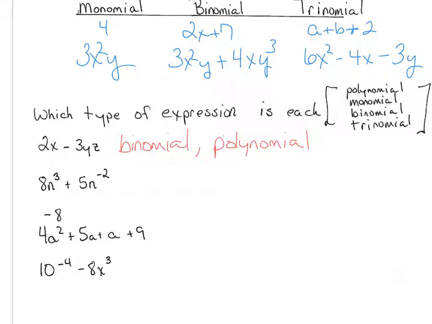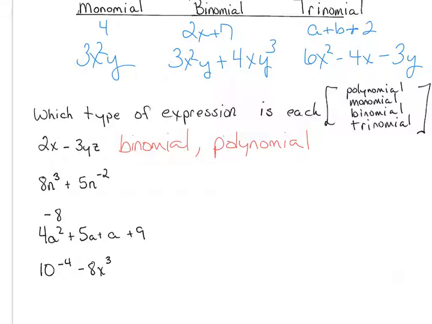What about 8n cubed plus 5n to the negative 2? Binomial? What do you think, Christian? On 8n cubed plus 5n to the negative 2. Binomial?